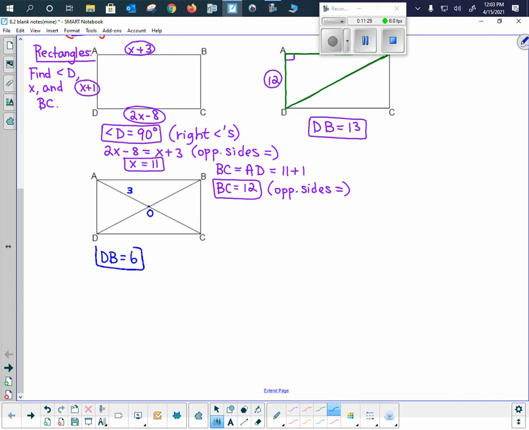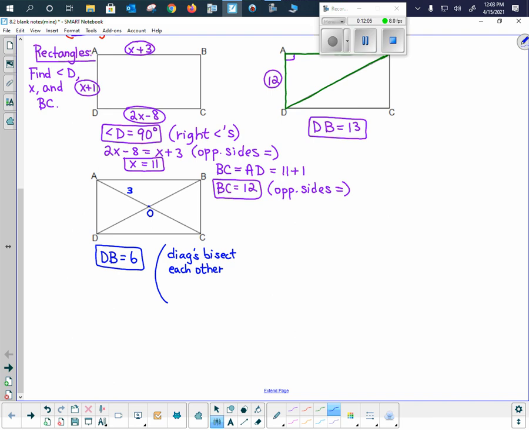Now you need to give me the property or properties of why that is true. So one, the diagonals bisect each other. But that's not enough. That just tells me that AO equals OC and DO equals OB. But how would I know that DB equals 6 when it's really AO that's labeled?